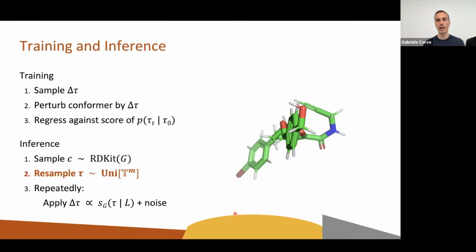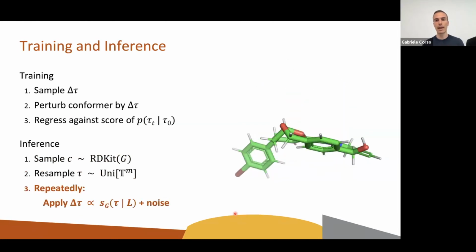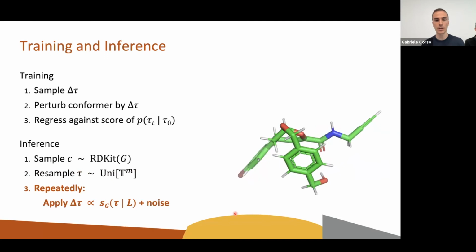And so we are left with a conformer which has exactly the same local structure as RDKit, but has random torsion angles.